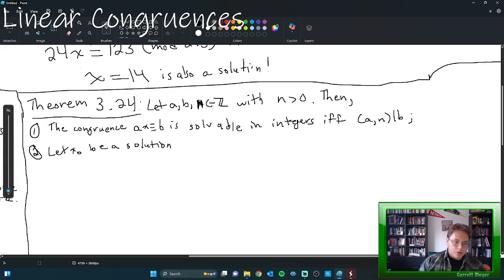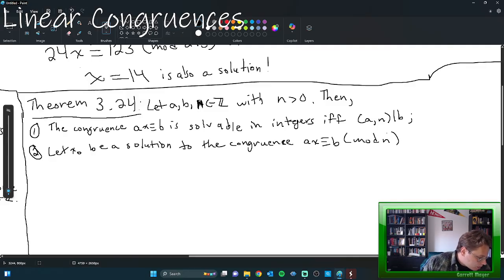So if we find one solution like before, let x not be a solution to the congruence ax is congruent to b mod n.